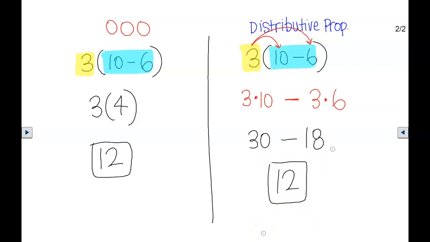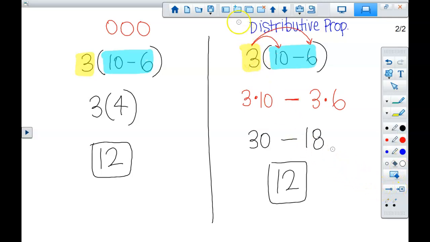So notice, this distributive property also works with subtraction. And what it's doing, notice, is just giving us an alternative way to get to these answers. So we've tried distributive with addition, and it worked. We've tried distributive with subtraction, and it worked.